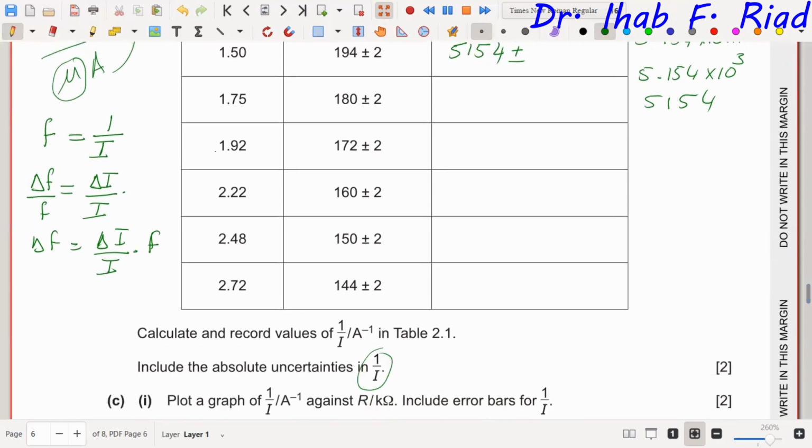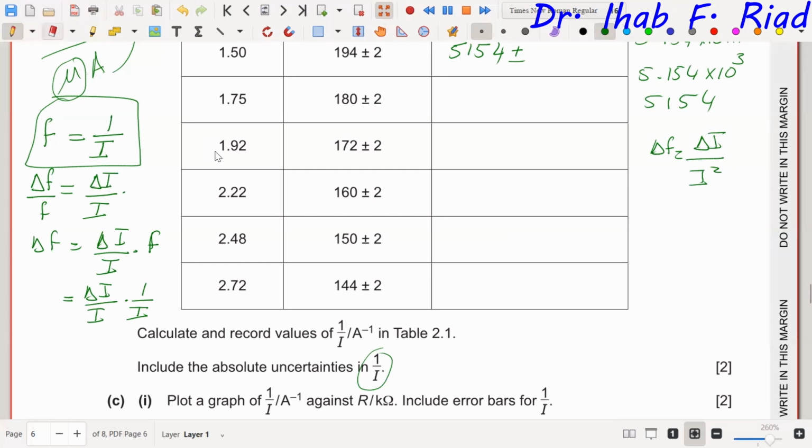What is f? What is f itself, and how is it related to I? It is 1 over I. So simply, delta f is delta I divided by I squared.